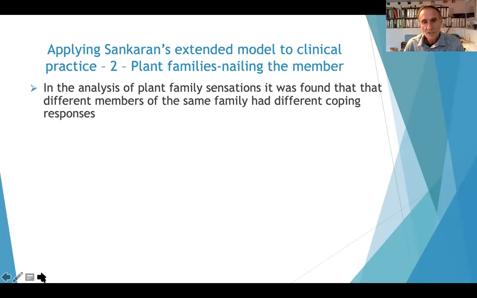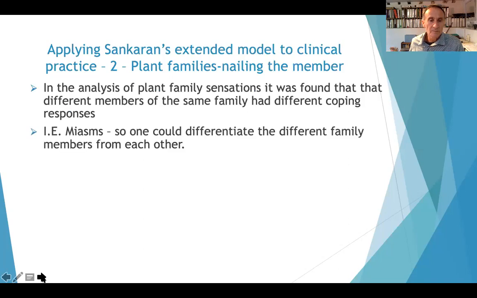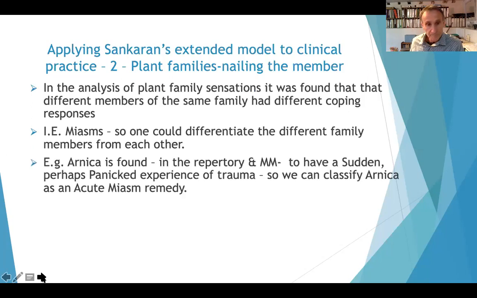What he found is that the different members of the plant family had different coping responses. As we said earlier, a coping response is his way of describing a miasm. So those are miasms, and one can differentiate the different family members from each other. One might be this miasm, another might be that miasm, and the third might be another miasm.